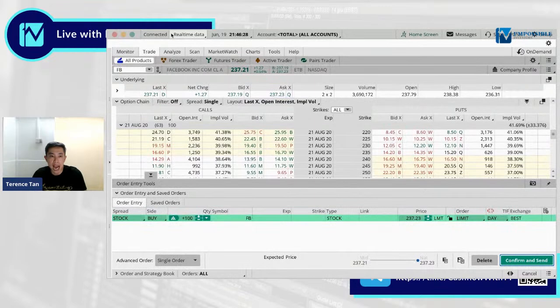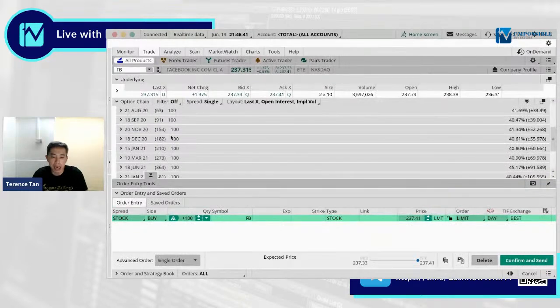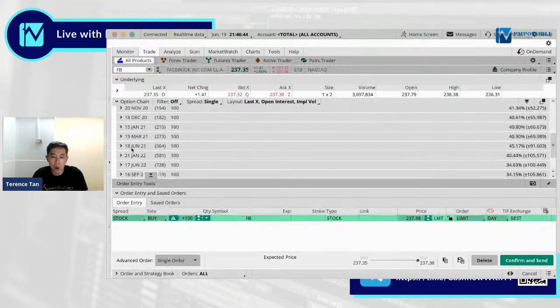You click on the ask price for the stock right at the top over here. It will bring out the buying order for Facebook stock, which is 237.33 right now. Then for covered calls, we'll go all the way to January next year, 2021.